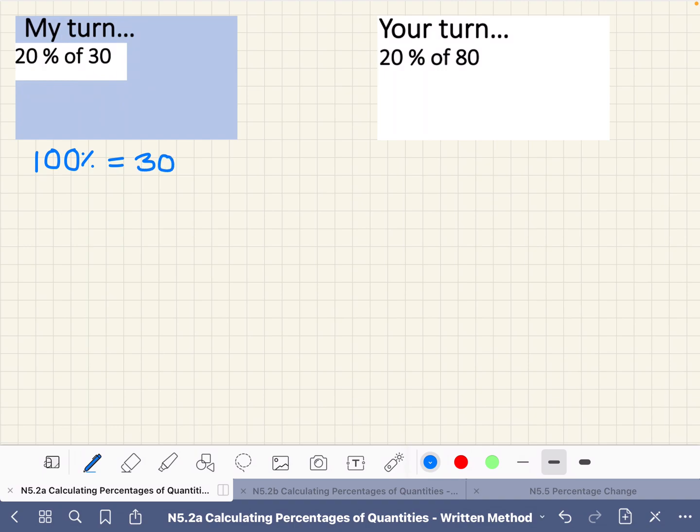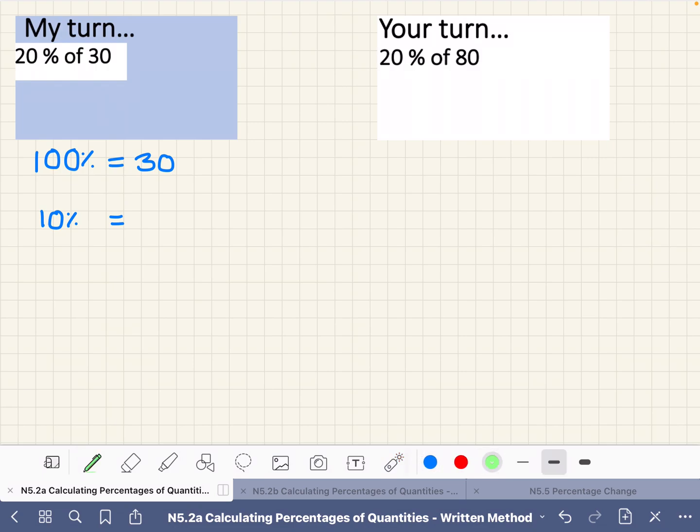Now, when you work with percentages, the key percentage, the one that's going to help you find lots of other percentages, would be to work out what 10% is. So if we do this to begin with, we first look to see how do we get from 100% down to 10%.